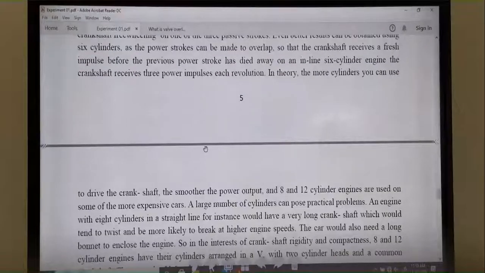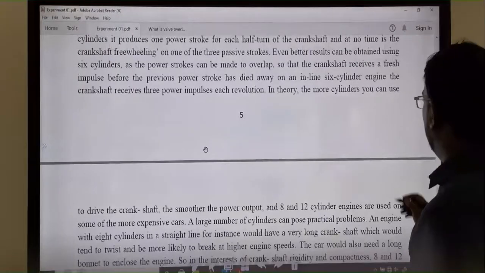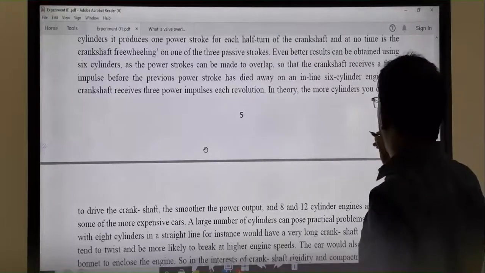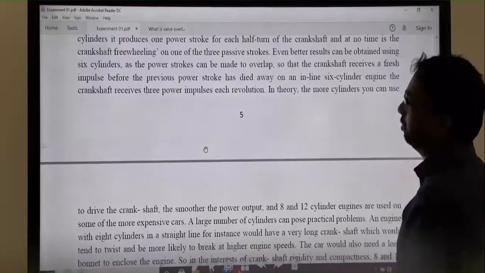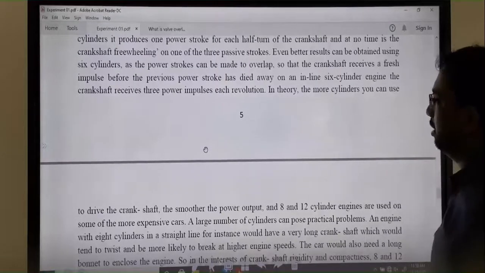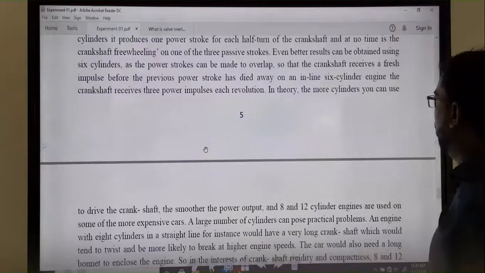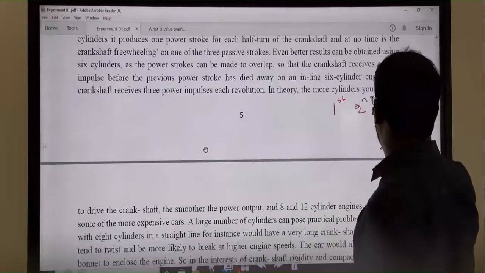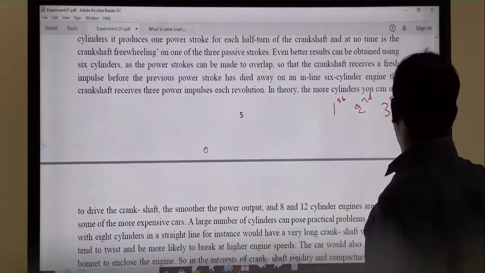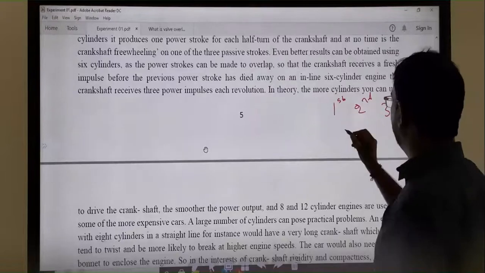So that means there is a four stroke. Okay. So in the four stroke engine we can continuously get the power stroke. Okay. First, second, third, fourth.